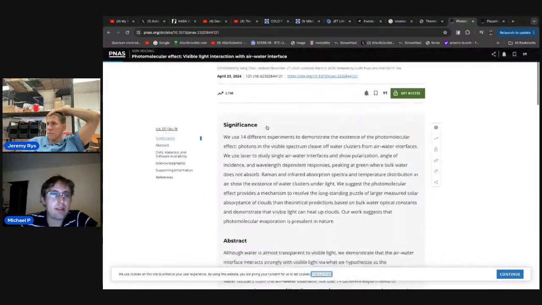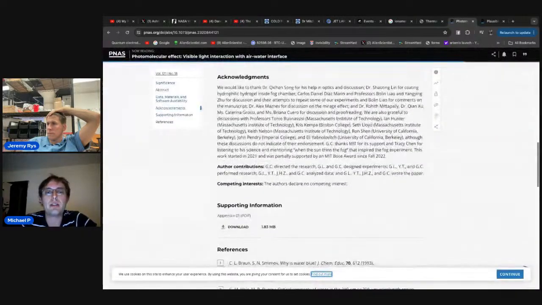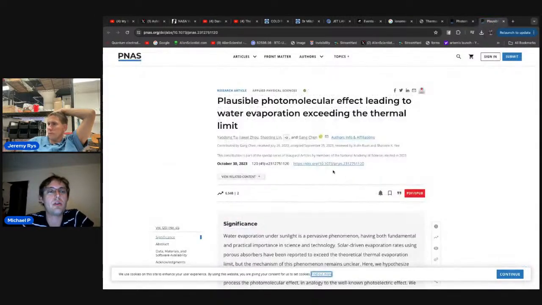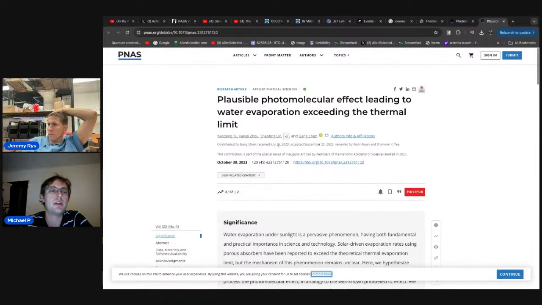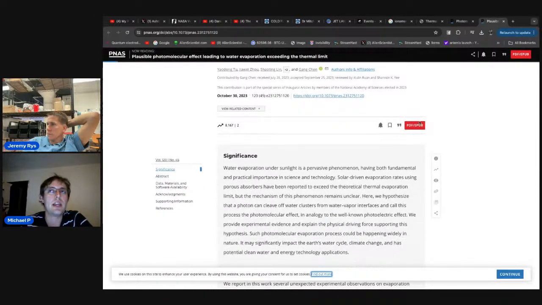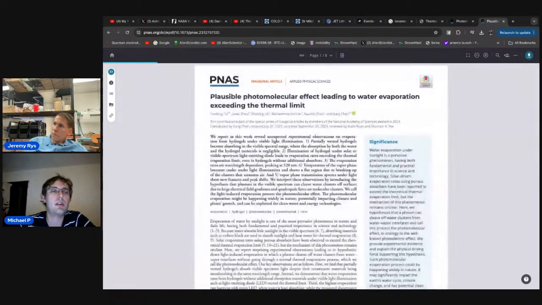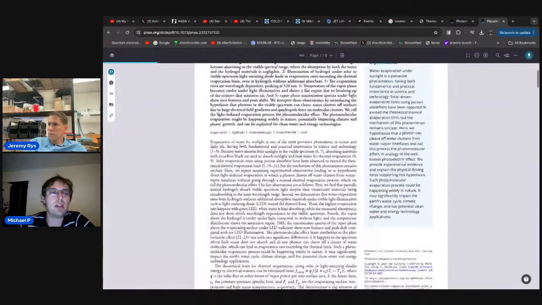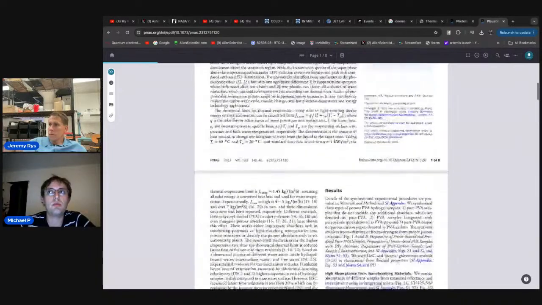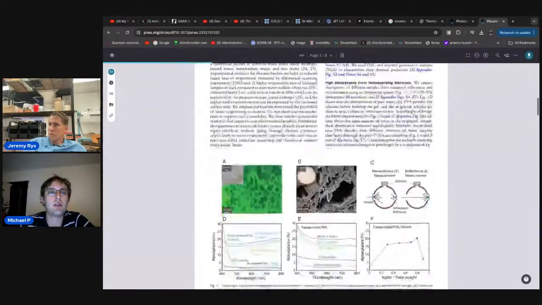So anyway, this photomolecular effect is just the same thing as electrons, but it's with water molecules. If you have a surface of water and photons come in and hit the surface, then it's possible to eject a whole water molecule off of that liquid, not due to standard evaporation, but due to just the light interacting with the water.